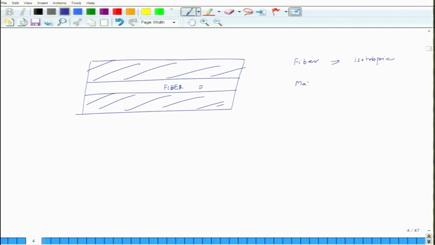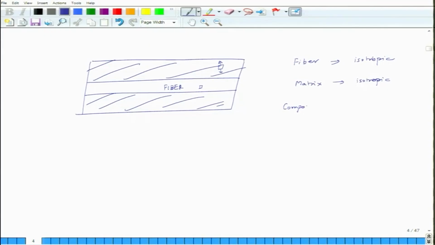The matrix, again, you pull it in this direction or in the other direction, you may get the same things. So, matrix may also be isotropic. Now, there may be specific matrices or fibers which may not be isotropic, but here let us consider that fiber is isotropic and the matrix is isotropic.